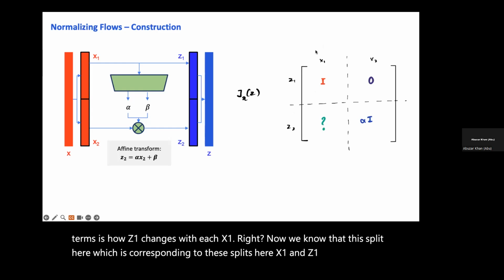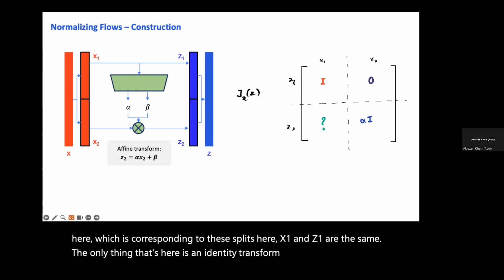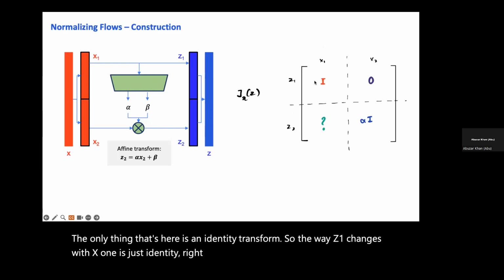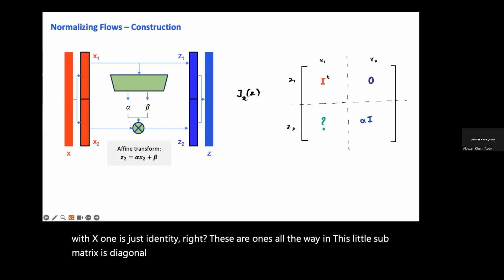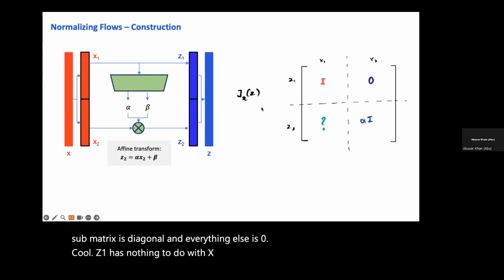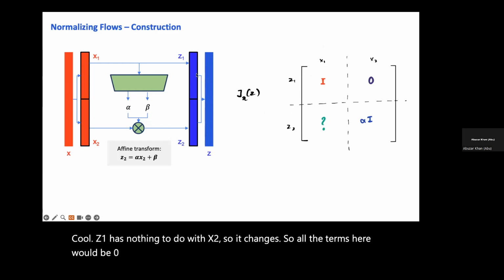The only thing that's here is an identity transform. So the way Z1 changes with X1 is just identity, right? These are ones all the way down this little submatrix's diagonal, and everything else is 0. Cool. Z1 has nothing to do with X2, so all the terms here would be 0, right? There is no relation whatsoever.